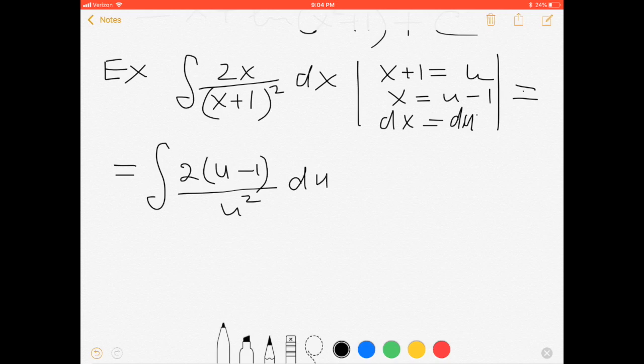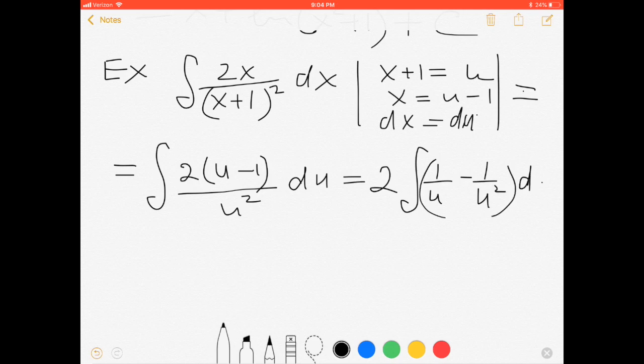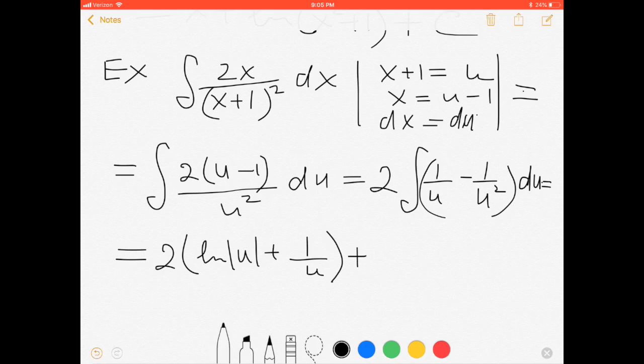Separate into two fractions and simplify. You have twice the integral of 1 over u minus 1 over u squared du, which gives me twice natural logarithm absolute value u plus 1 over u plus c.